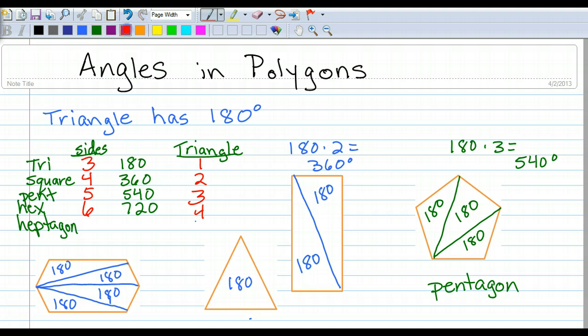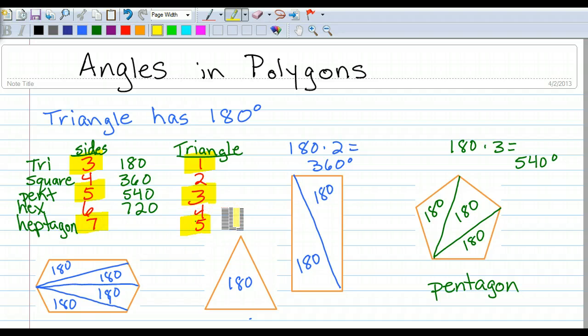Let's see. A heptagon has how many sides? What do you think? Oh, 7. How many triangles do you think we'll be able to make? 5. What do you notice between the relationship of this number and this number? Between the sides and the number of triangles you can make? What do you notice?